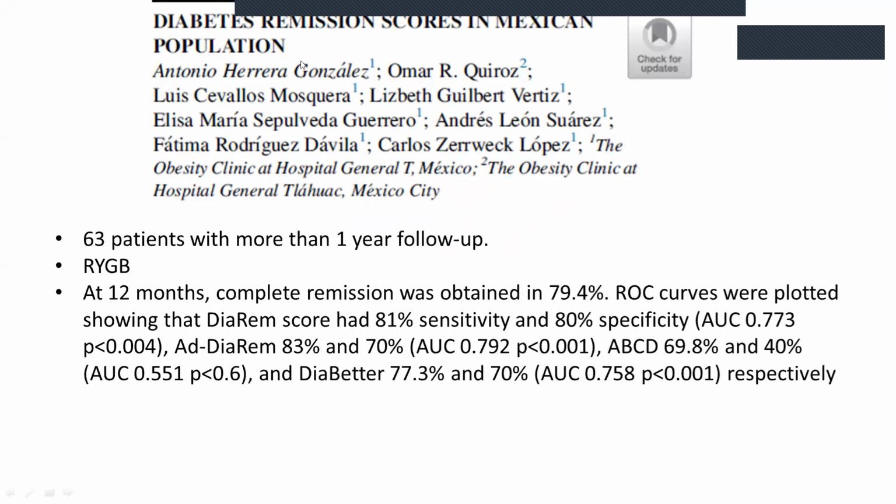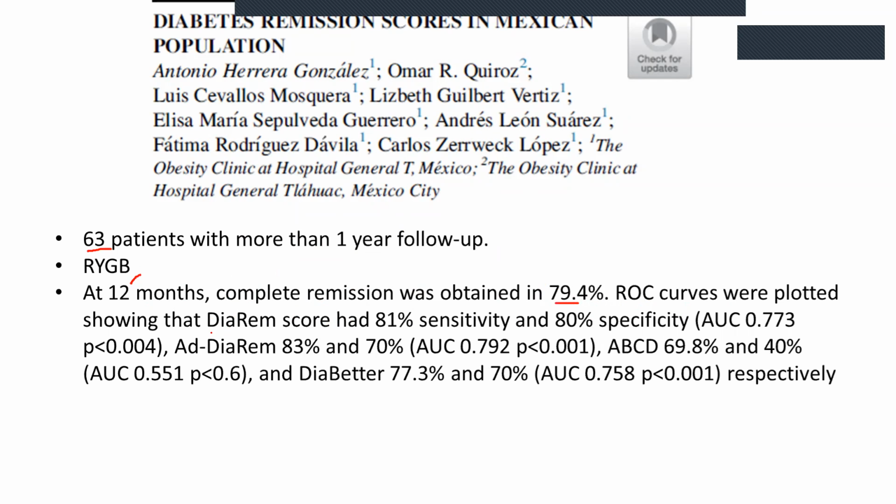Next study was in a Mexican population by Gonzalez et al. However, they had a cohort of only 63 patients with more than 1 year follow-up, and all of them underwent Roux-en-Y gastric bypass for the diabetes. At 12 months, complete remission was obtained in 79.4% of their cohort, and the ROC curves were plotted.